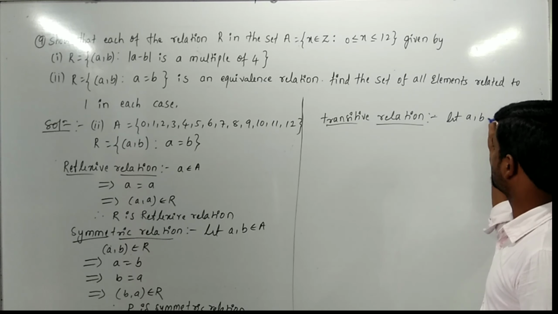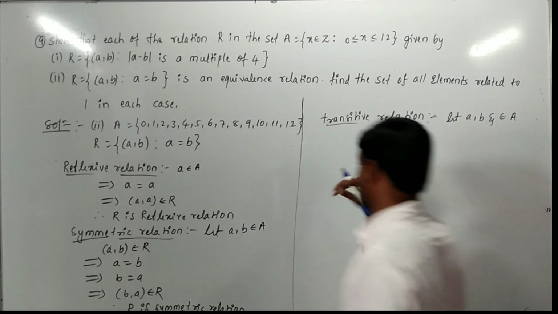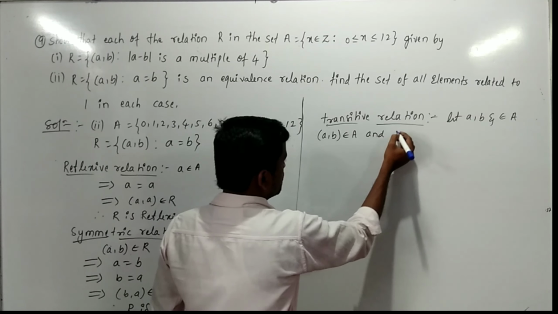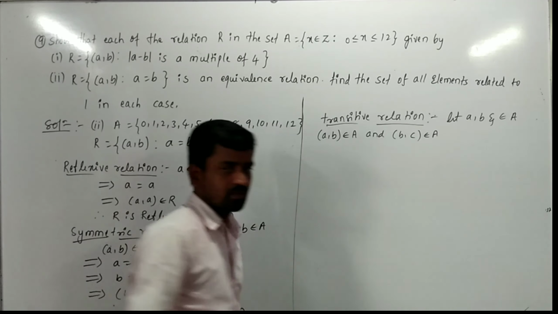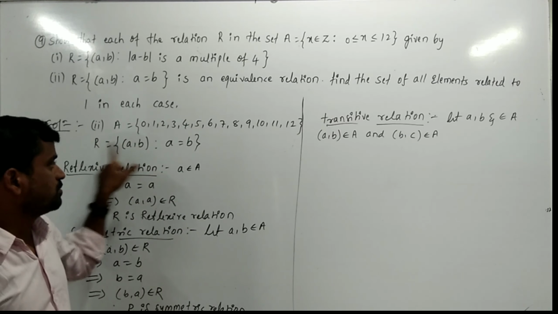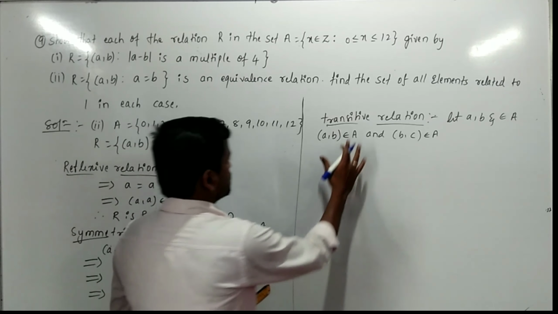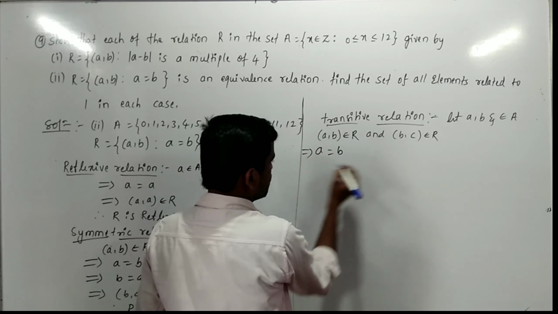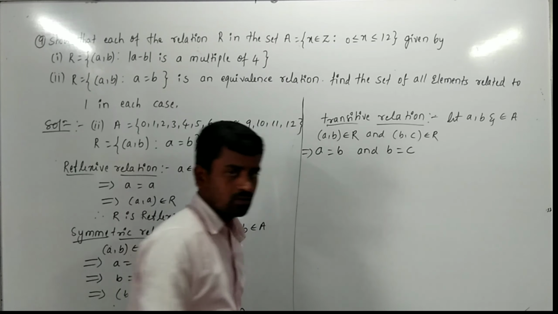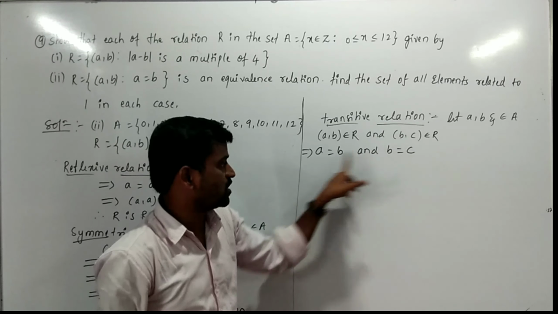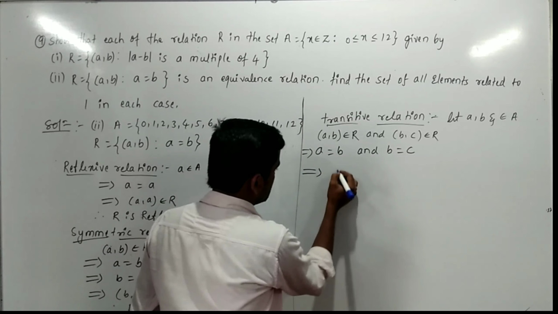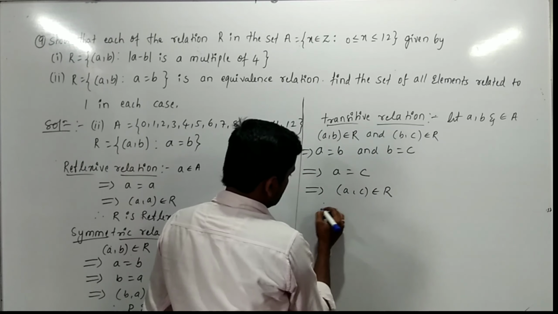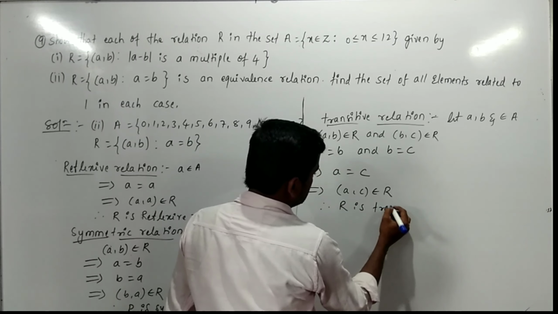Let A, B and C belong to set A. A comma B belongs to R and B comma C belongs to R. Then A equal to B and B equal to C. When A equal to B and B equal to C, automatically A is equal to C. Implies A comma C belongs to R. Therefore, R is a transitive relation.